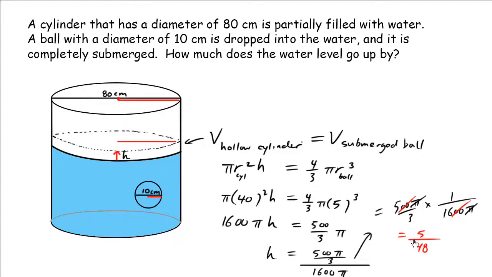And so this here is your exact answer. Alternatively, you could have used your calculator to calculate this as a decimal, and the answer we get is approximately 0.104. We're talking about centimeters.